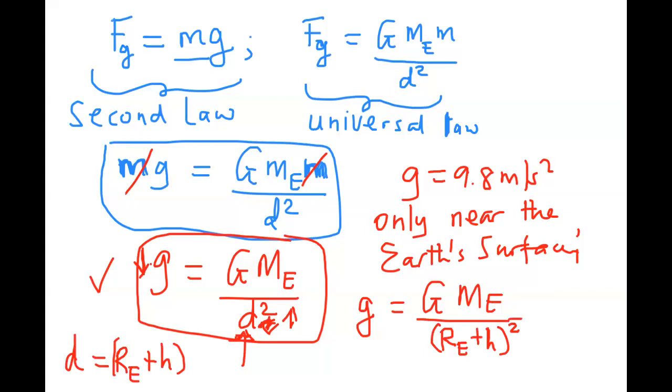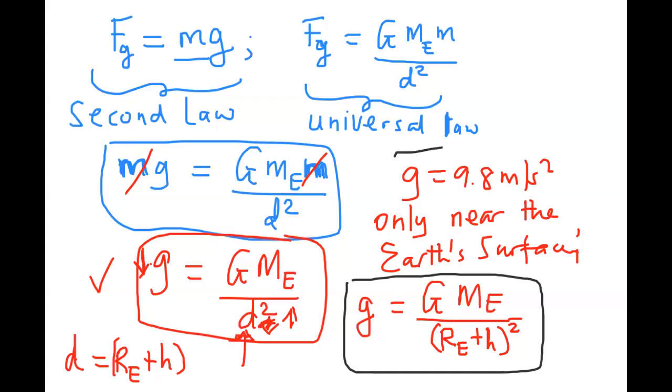So this will give us the new gravitational acceleration at that kind of altitude. But near the Earth's surface, where the radius of the Earth is the only distance, we should be able to use 9.8 meters per second squared.